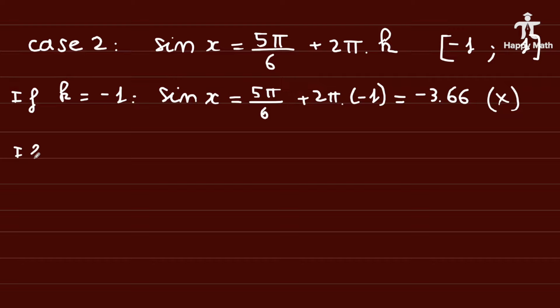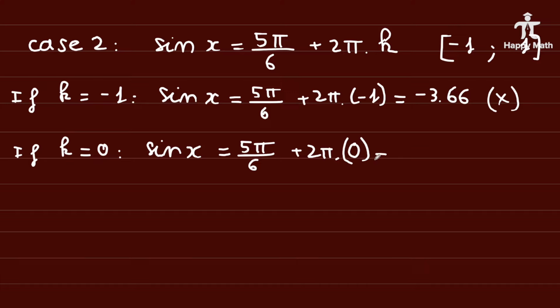The second value for k I want to try is 0. Here is sin h equal to 5 pi over 6 plus 2 times pi times 0, and this is equal to 2.6. This is outside -1 and 1 one more time. We cannot take this solution.